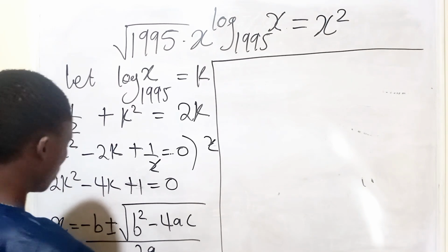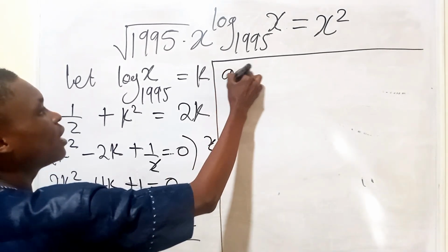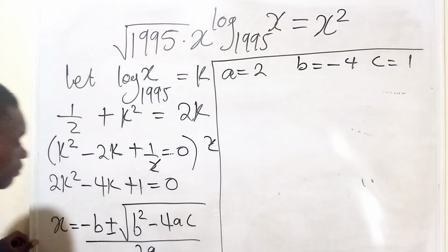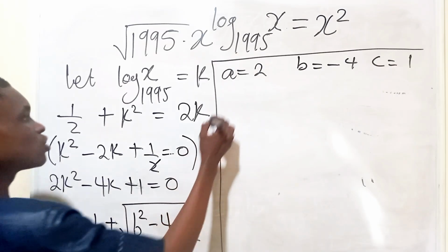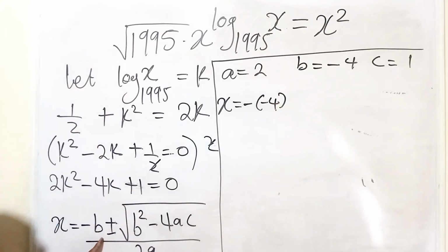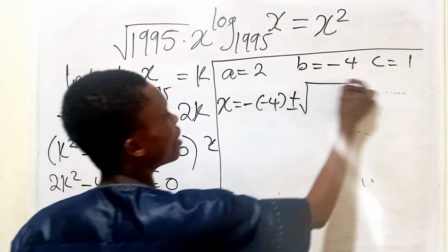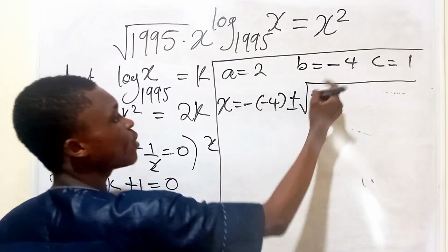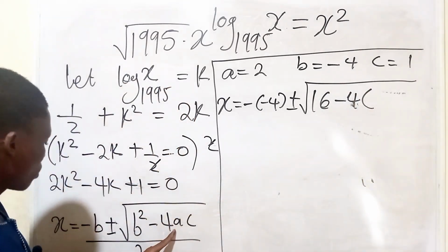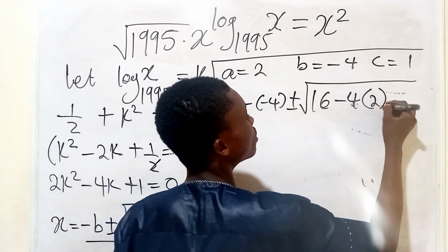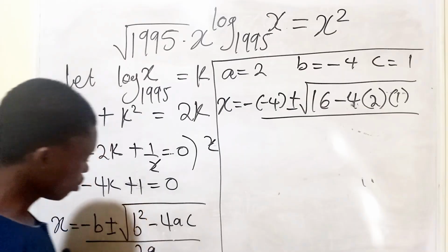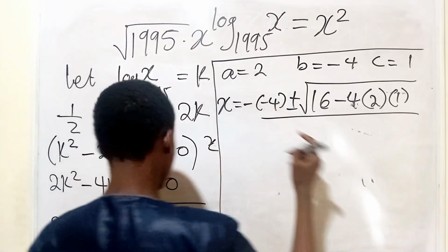Our a is 2, our b equals negative 4, and our c equals 1. Let's substitute: x equals minus negative 4, plus or minus the square root of 4 squared, which is 16, minus 4 times 2 times 1, all divided by 2 times a, our a is 2, so 2 times 2 gives us what?